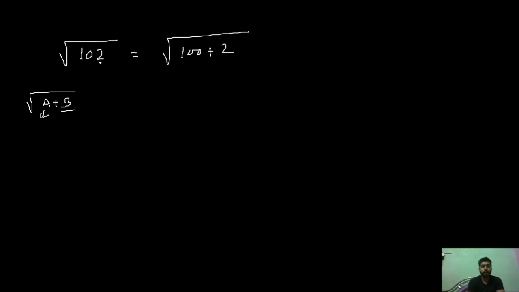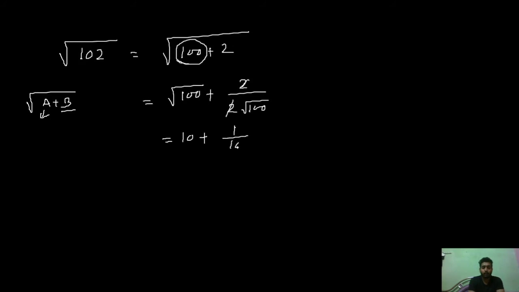So here 102 can be written as 100 plus 2, where 100 is a perfect square number. Now the formula is as follows. The formula is root over of a plus b by 2 into root over of a, that is 2 and 2 are cancelled out, so that is 10 plus 1 by 10, that is 10.01.